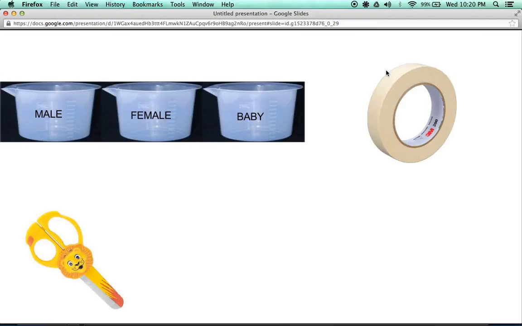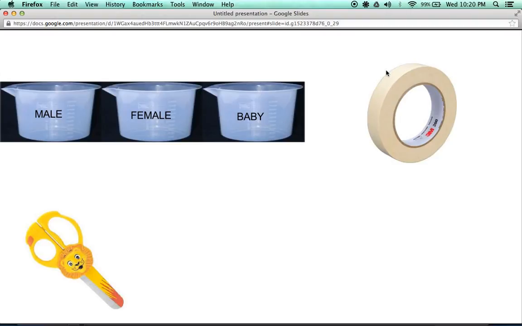So the procedure we would go over, well, what the students would need is 3 beakers. They would need masking tape to label those 3 beakers. One would be the male beaker, one would be the female beaker, and one would be the baby beaker. The male and female beakers would be representative of the male sex cell and the female sex cell coming together to form the baby.